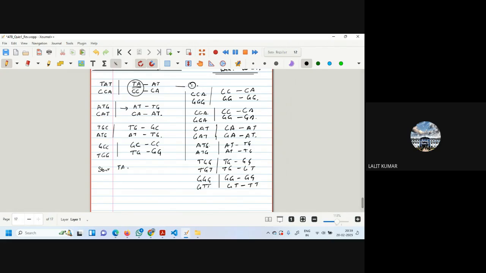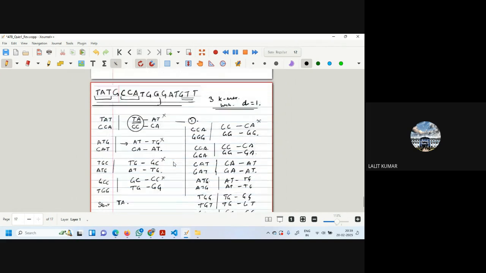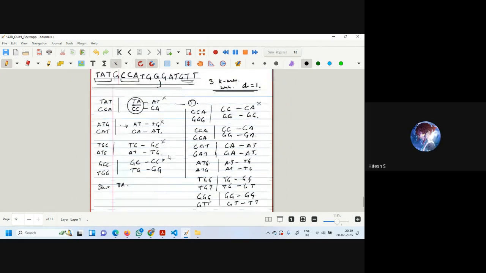When I say TA, it will start with TACC. Now I check for the suffix. AT is there, TG is there, GC is there, CA is there, and CA was TGG. Yes, it is there.